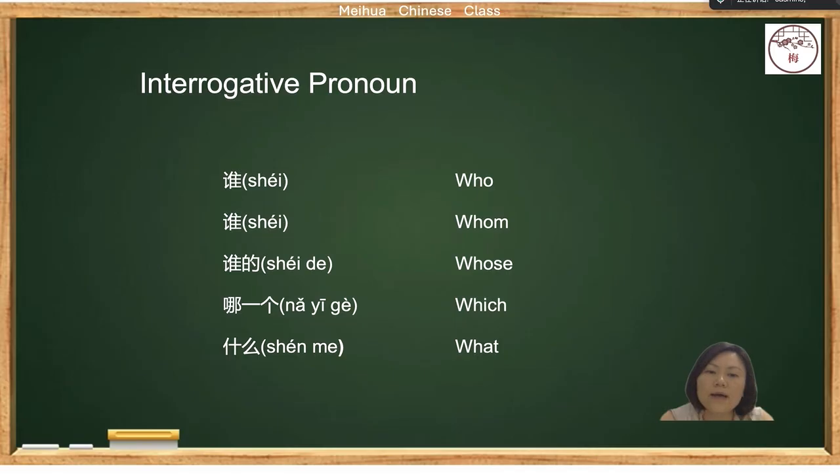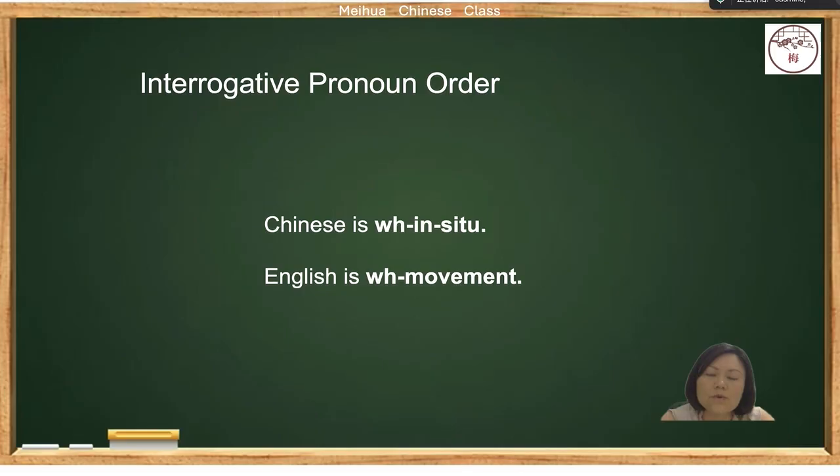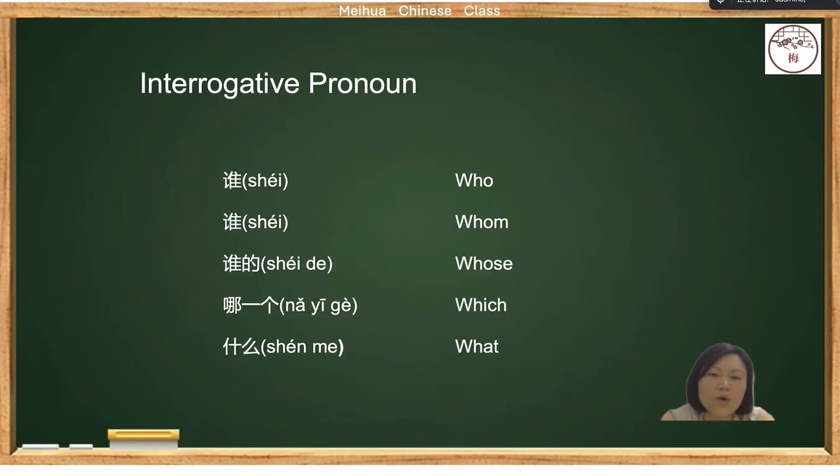And whom usually refers to the accusative or the object. Okay. But what's the difference here in Chinese? In Chinese, we don't put all the interrogative pronouns at the beginning of the sentence.